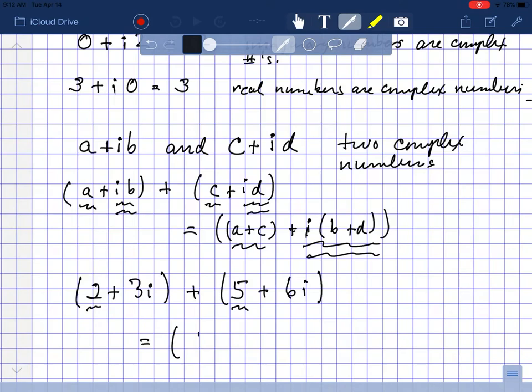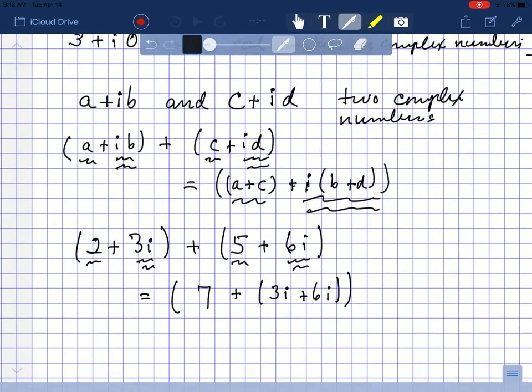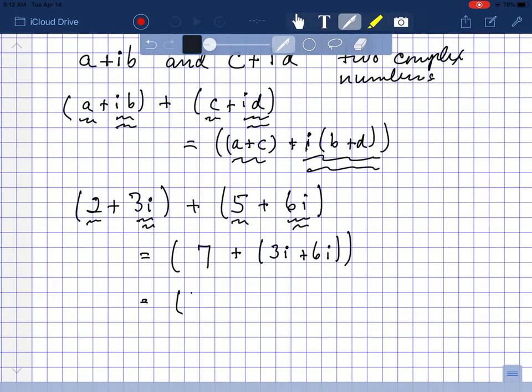And when I do, I get 7 plus, and then I'm going to add the two imaginary numbers together, 3I plus 6I, and this is equal to 7 plus, well, 3I plus 6I is 9I.